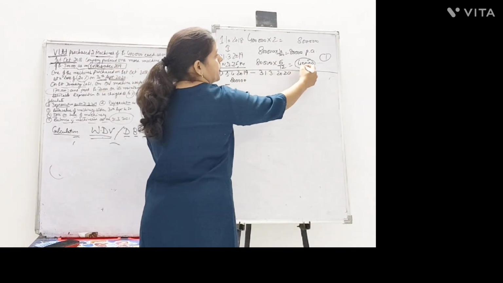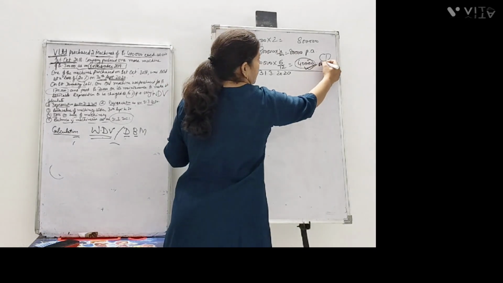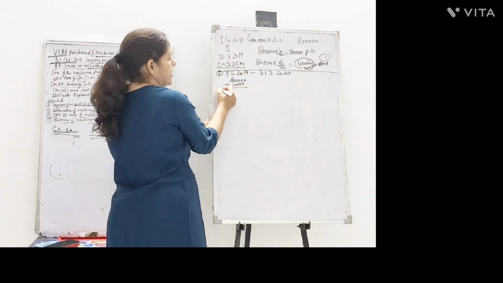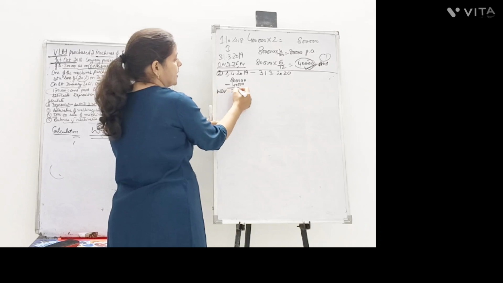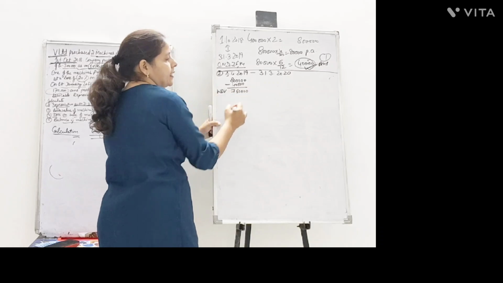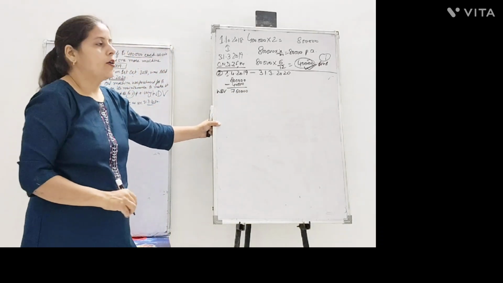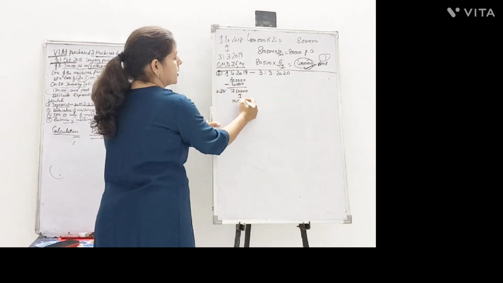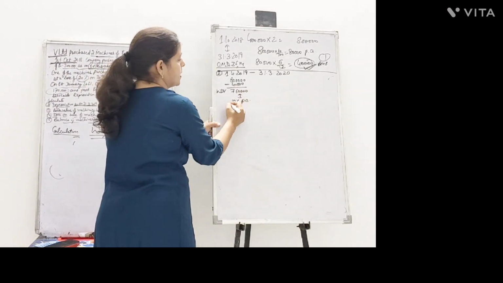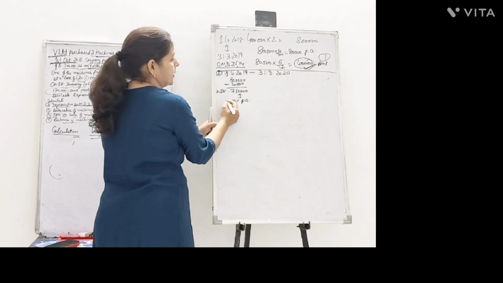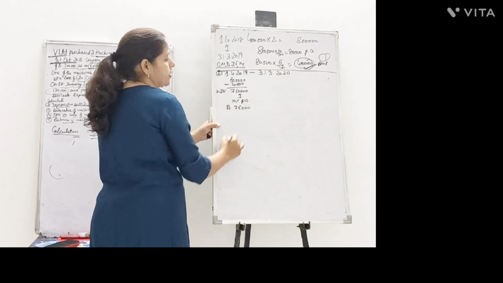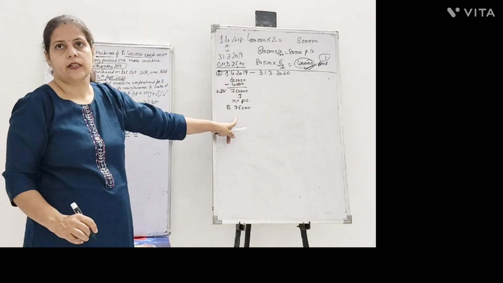It was depreciated by rupees 40,000 in the first year. What is the written down value of the asset? 7,60,000 rupees. Now, on this asset, I need to calculate 10% depreciation per annum. So 7,60,000, 10% is rupees 76,000 depreciation on this asset, right?